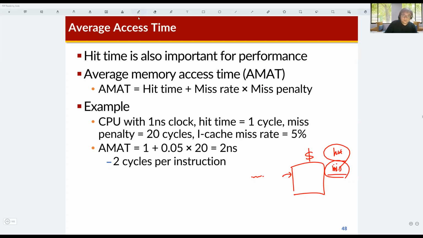AMAT is calculated as the hit time, which is the access time for hit cases, plus the miss rate multiplied by the miss penalty. So average memory access time includes the access time increased by missed requests.